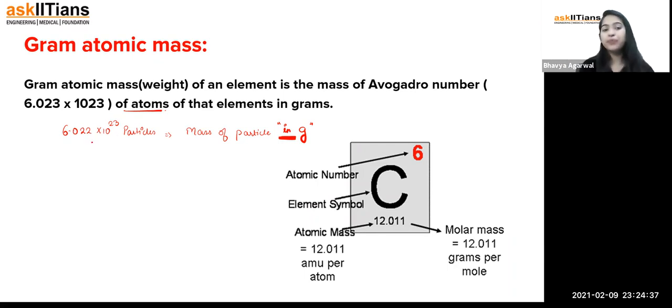Which means if the particle is an atom, I will get the mass of the atom in grams.